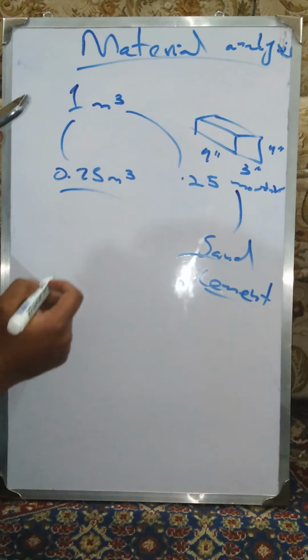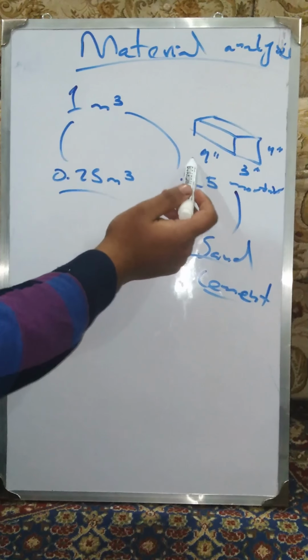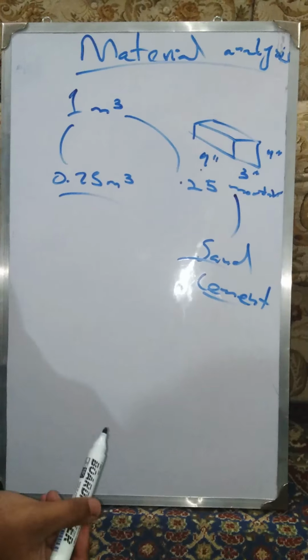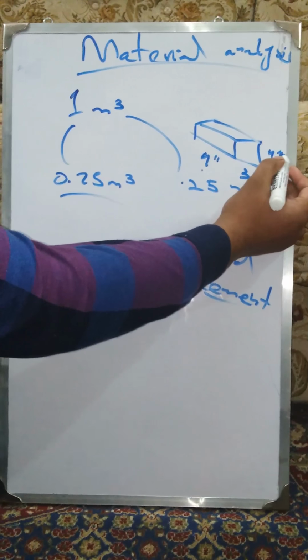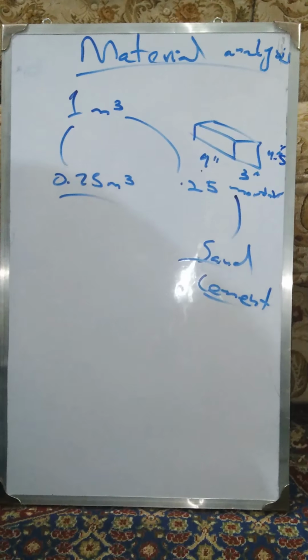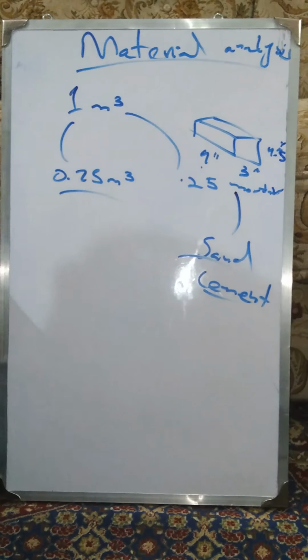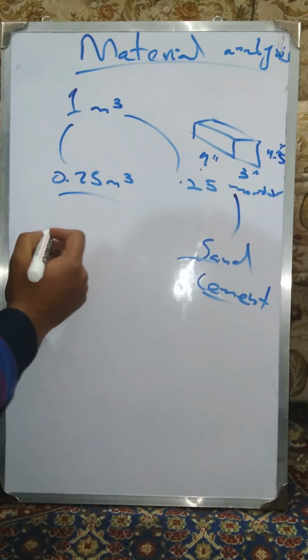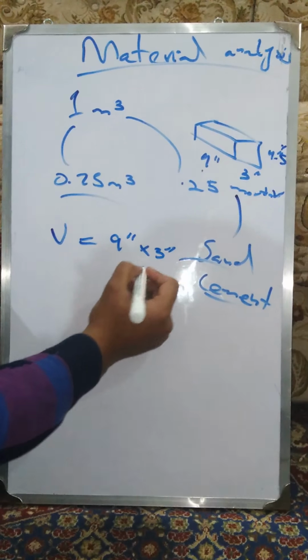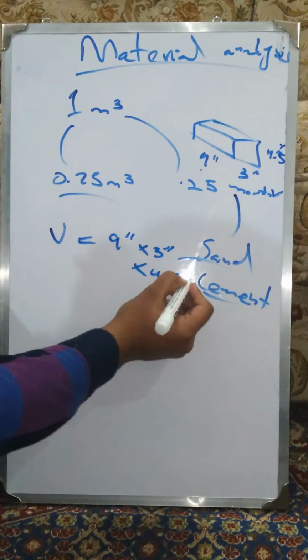The size of one brick, as I earlier mentioned, is 9 inch by 3 inch by 4 inch, but it could be 4.5 inch or could vary from area to area. Generally, in our area, 4.5 inch is used as its height. So the volume of one brick would be 9 inch by 3 inch by 4.5 inch.